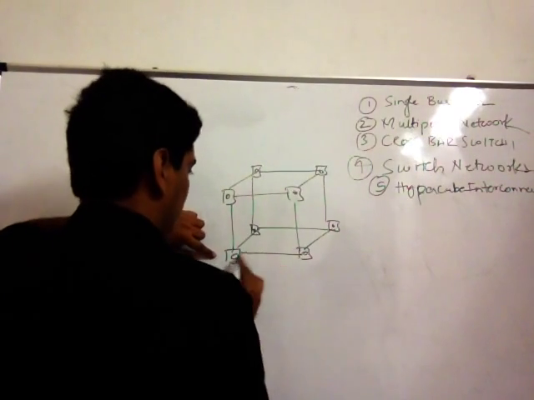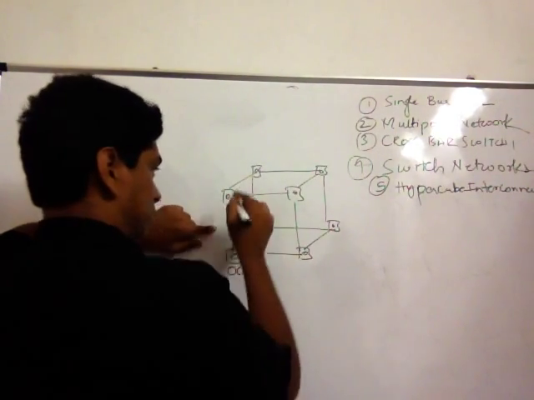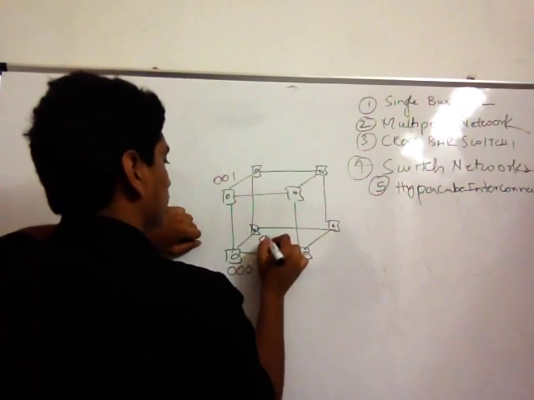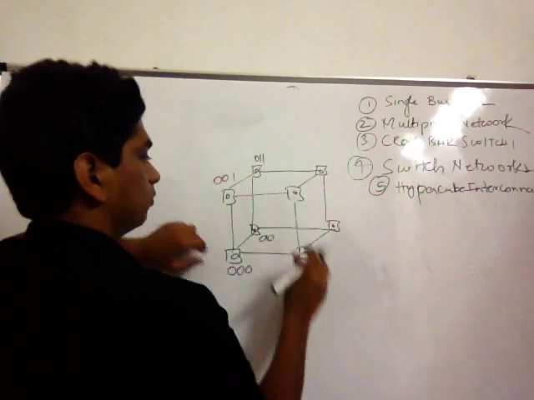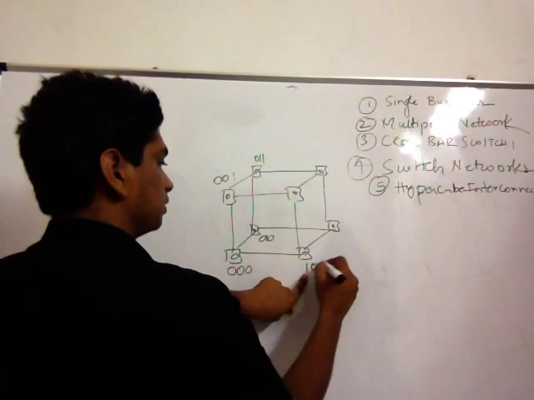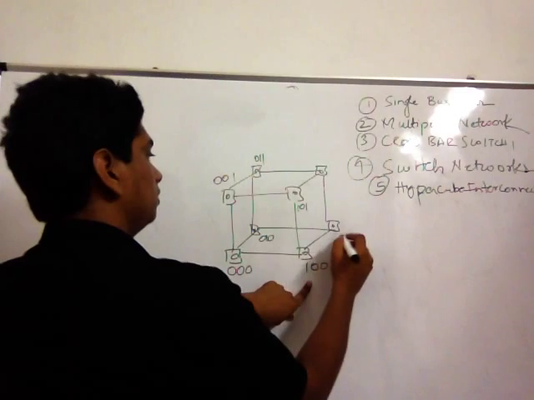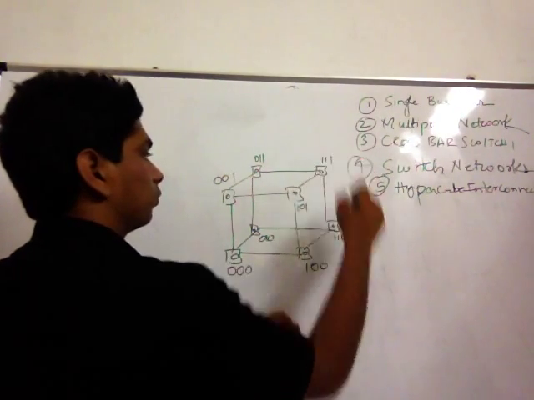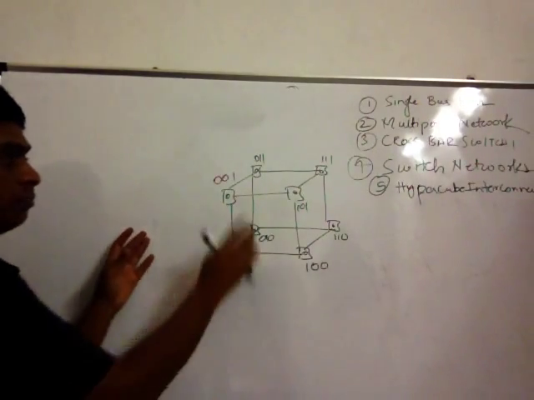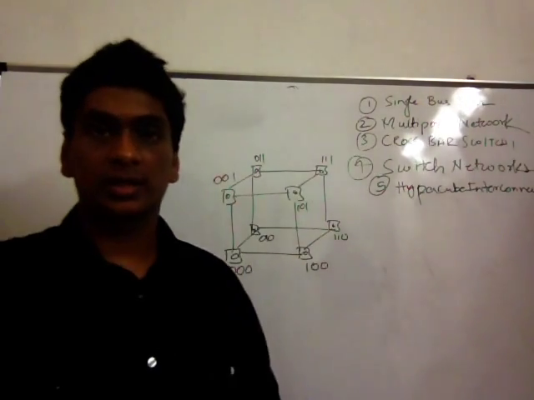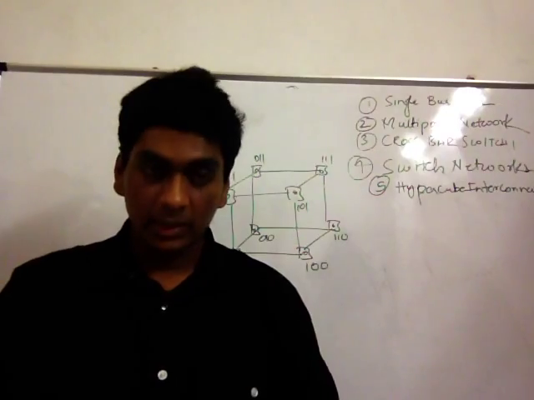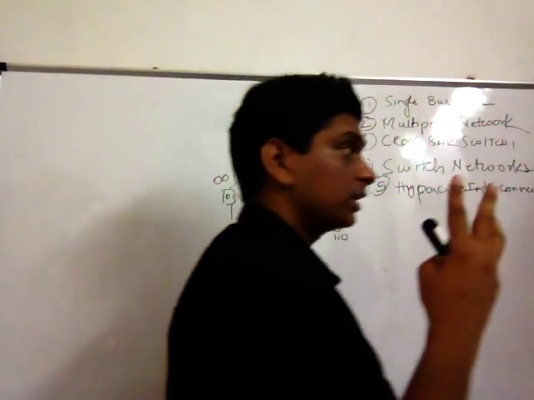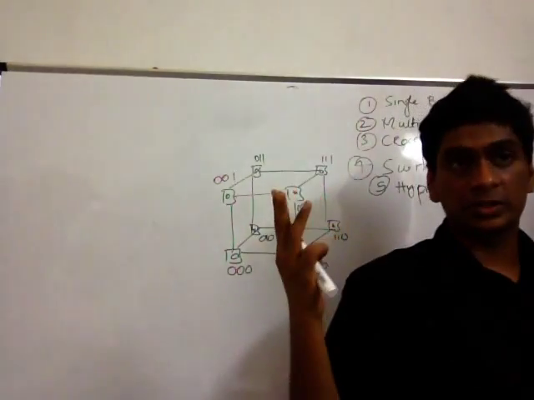And be careful while numbering. 0 0 0, 0 0 1. Go to the back one. 0 1 0, 0 1 1. Start from here. 1 0 0, 1 0 1, 1 1 0, and 1 1 1. So I'm numbering the 8 processors with different bits, and this is how I'm going to interconnect 2 power 3, a 3-dimensional cube.